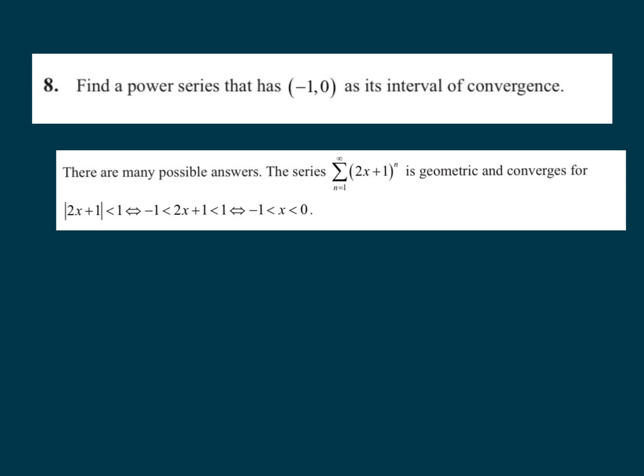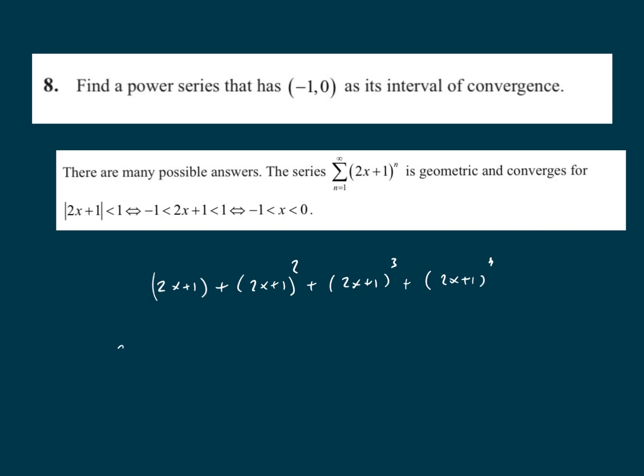Problem number 8, find a power series that has (-1, 0) as its interval of convergence. It's a tricky problem. The series (2x+1)^n is a geometric series. The series is (2x+1), the first term, plus (2x+1) squared, plus (2x+1) cubed, plus etc., etc., to the n.